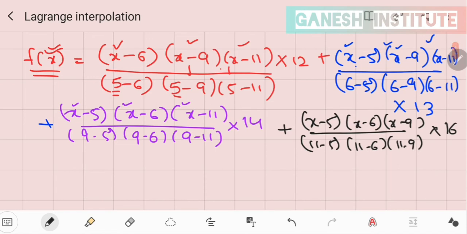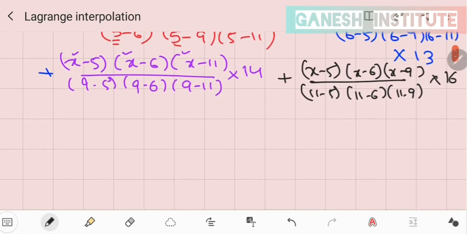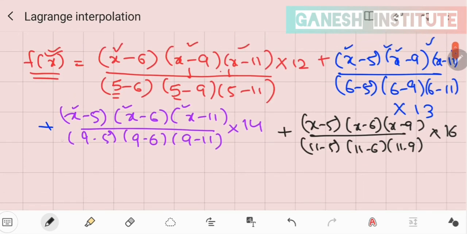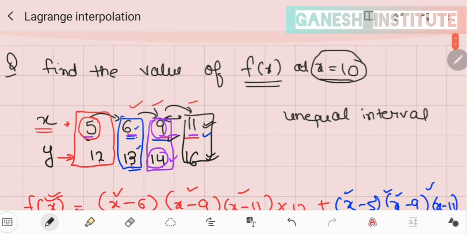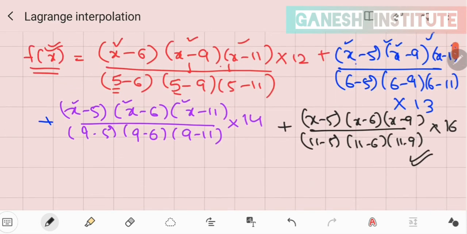Now if the question had asked you not to find any particular value, but just the polynomial f(x), then you need to simplify this by taking common factors and leave it in terms of x. But if the question is asking at a particular value, put that value in place of x.